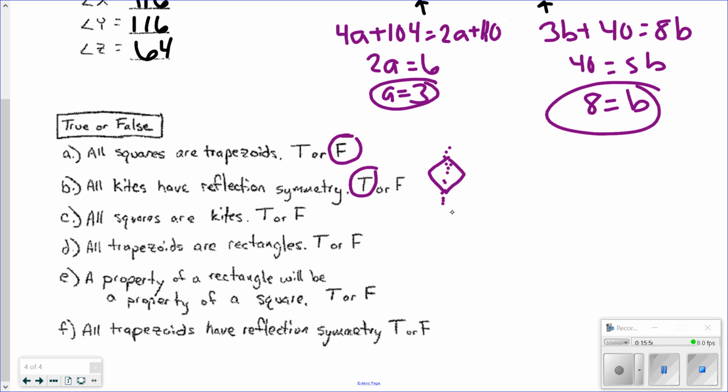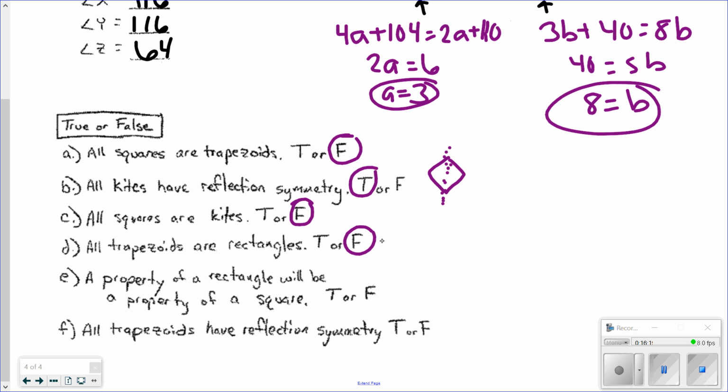C, all squares are kites. That is false. Kites are not parallelograms, and we know that squares are, so a square cannot be considered a kite. D, all trapezoids are rectangles. Once again, that is false.